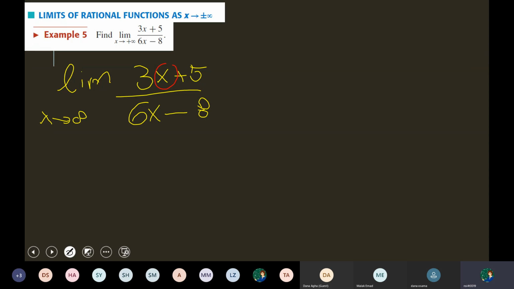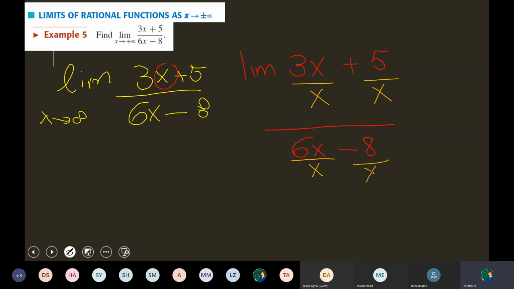I have now the limit of 3x plus 5 over 6x minus 8, and the highest power here is x, so I will divide each term by x: the 3x, the plus 5, the 6x and the negative 8. Is it clear now?